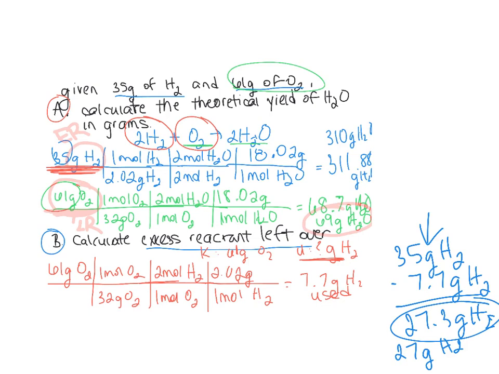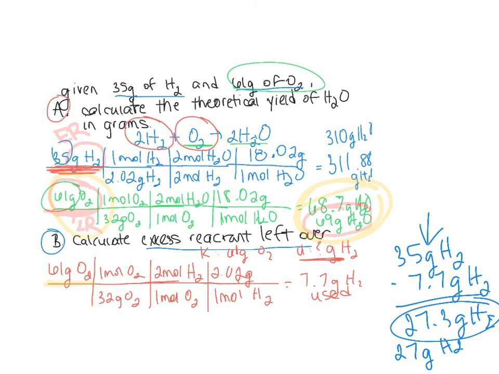So just to recap, when you want the excess reactant left over, the first thing you have to do is identify your limiting reactant. To do that, you have to calculate your theoretical yield. You identify your theoretical yield, which is the smaller answer, and then that tells you what your limiting is.